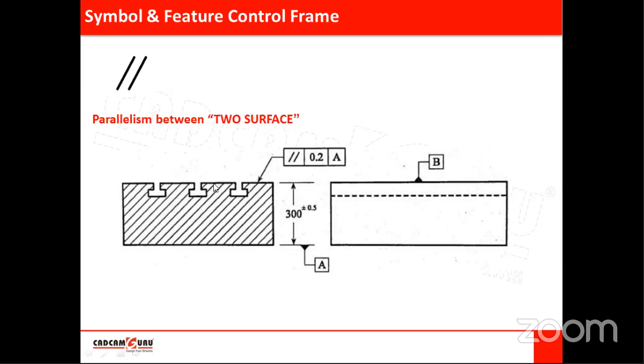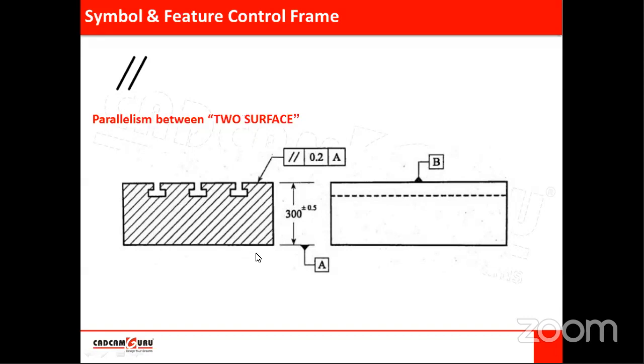It is labeled as A and considered as the datum. This is the parallelism of surface B, and that parallelism should be within a limit of 0.2 mm, or the maximum permissible deviation is 0.2 mm. Here we are talking about parallelism of this surface with respect to the bottom surface.